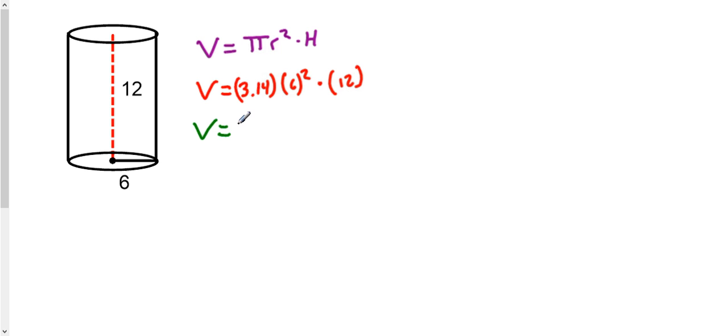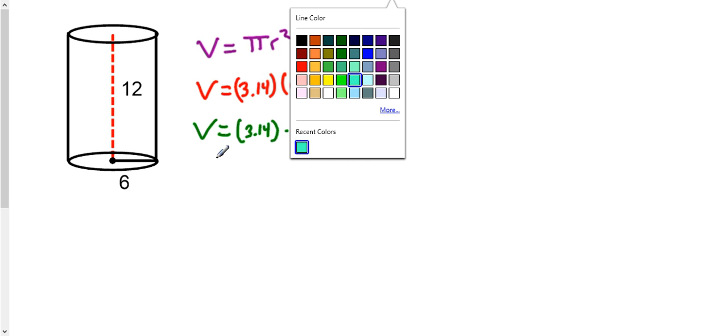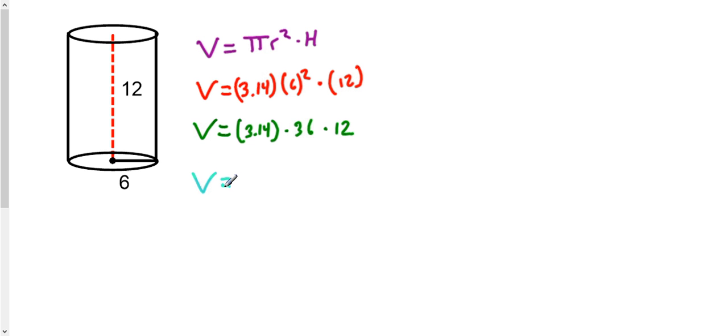Exponents go first, so we're going to take 3.14 times 36 times 12. Then we're going to multiply all of those numbers together to get our volume. So 36 times 12 times 3.14 gives us 1,356.48. We're going to round to one decimal place to the tenths.